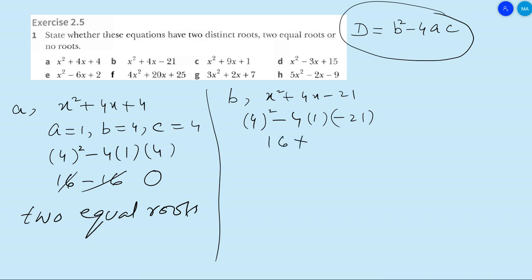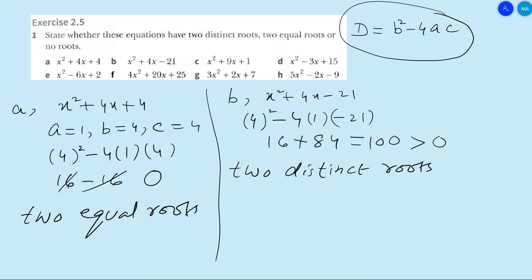Minus minus plus, 4 ones are 4, 21 fours are 84, and 16 plus 84 is 100. 100 is greater than 0. So if our answer of discriminant is greater than 0, then we have two distinct roots. This is the answer of part B.